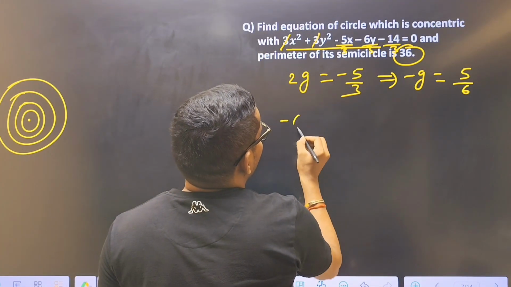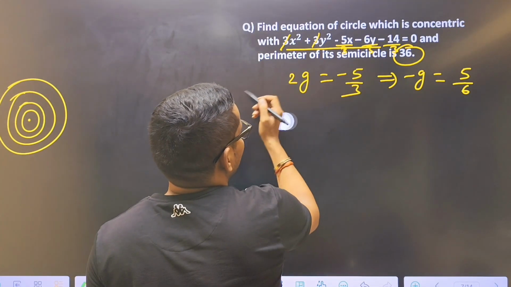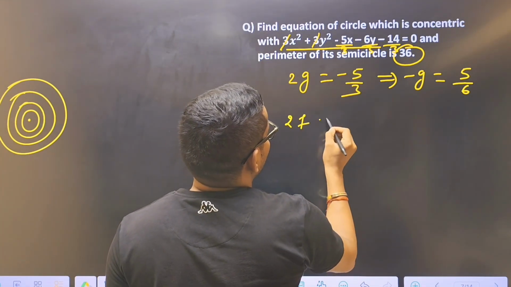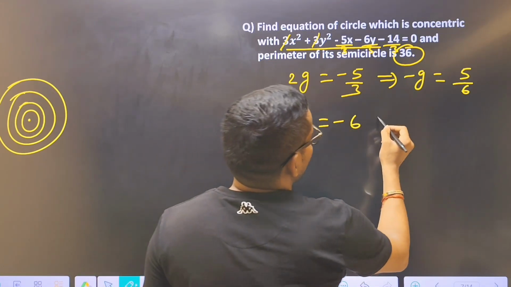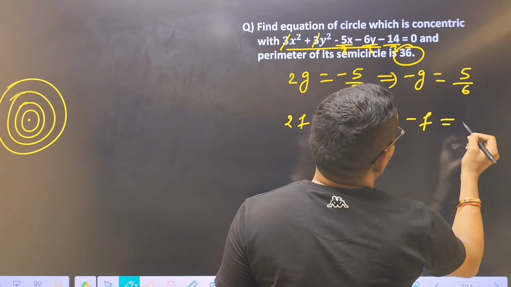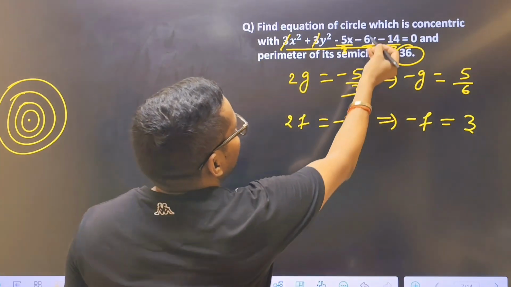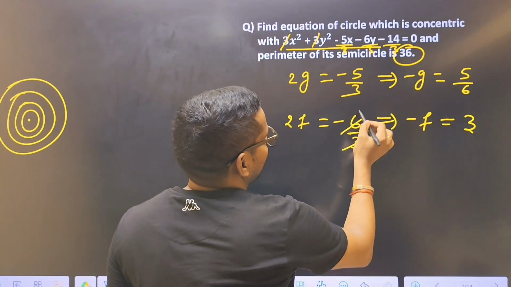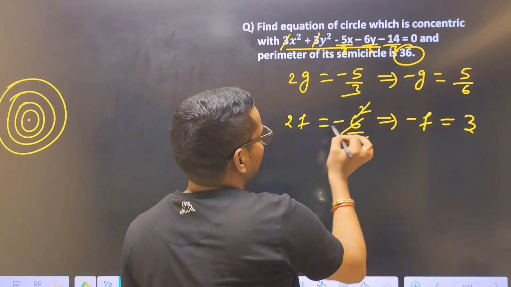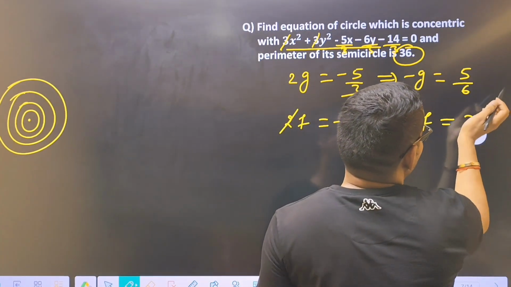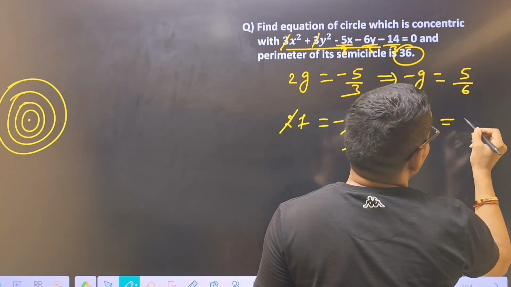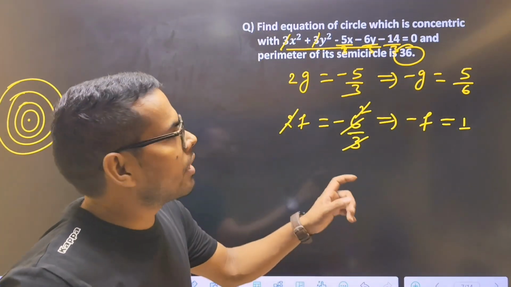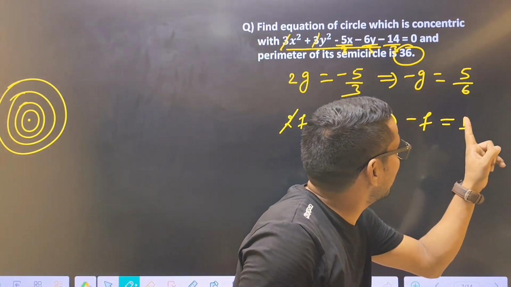Now if you compare the coefficient of y, minus 6, that is 2f equal to minus 6 upon 3, so the 2s cancel out and minus f is equal to 1. So we got the center as (5 by 6, 1).